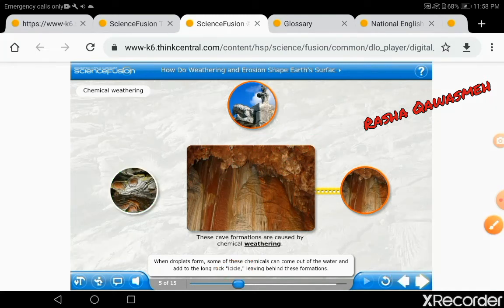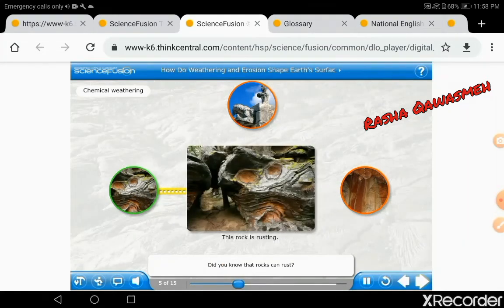Let's see this one. Did you know that rocks can rust? Really? You probably know that iron left outside in the rain will rust. Some rocks have substances that contain iron. Some rocks that have these substances in them will rust when rained on. This is a type of chemical weathering because the rock actually changes chemically when exposed to water.